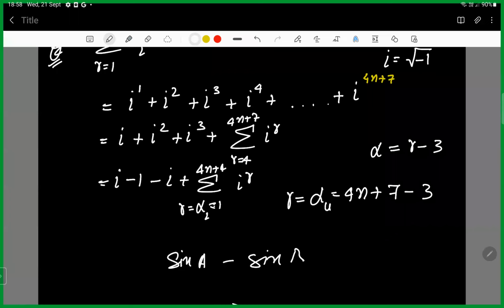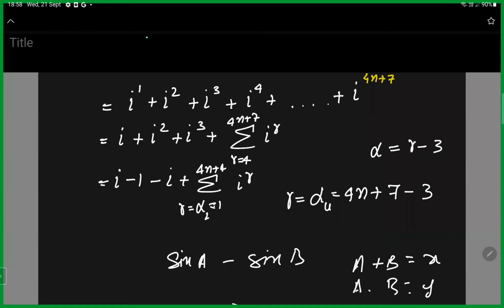So what we did, we assumed A plus B is equal to X, and A minus B is equal to Y. Then again we replaced it. So that's how we proved it. If you have paid attention, we have done that in class also.